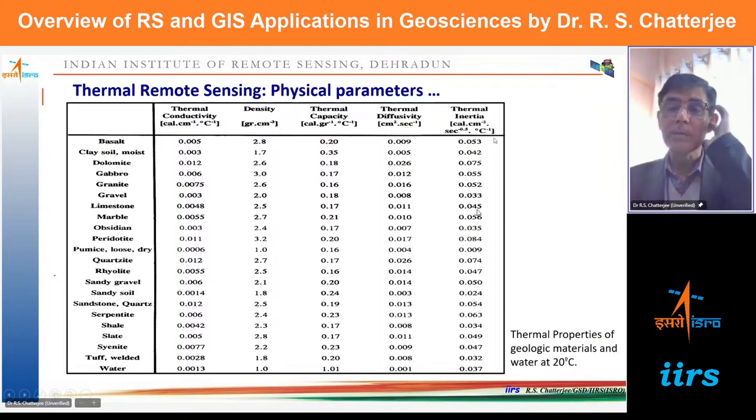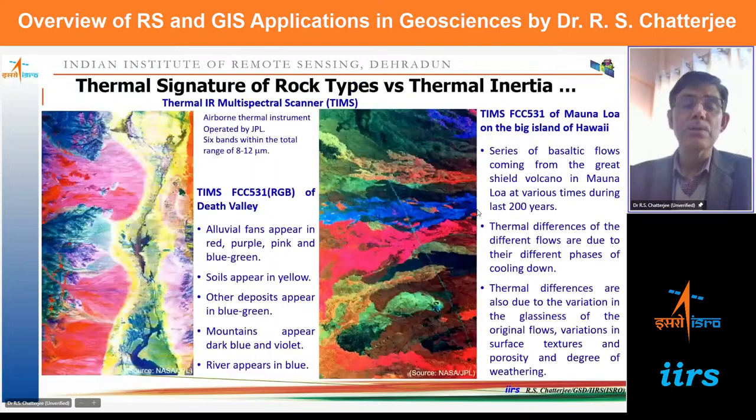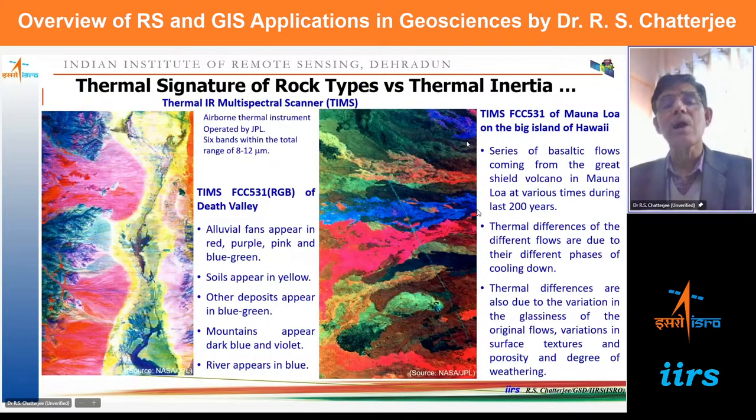Then thermal diffusivity, and finally thermal inertia. In fact, thermal inertia is very, very sensitive because it is the product of the thermal conductivity, the density, and the specific heat. We will discuss more on thermal inertia in the thermal lecture, and how it is used to identify different earth materials.